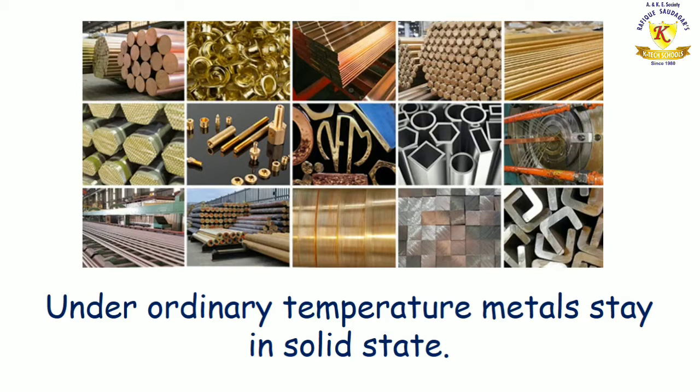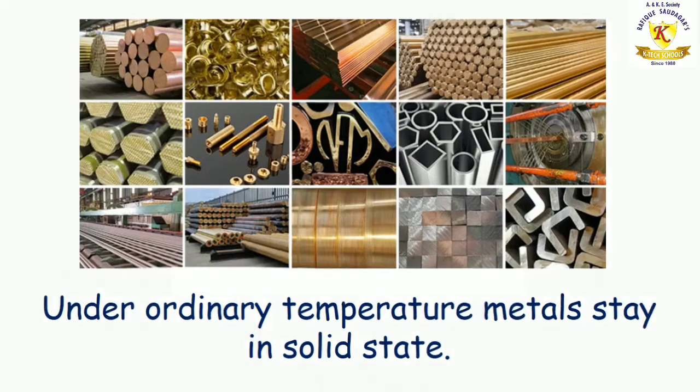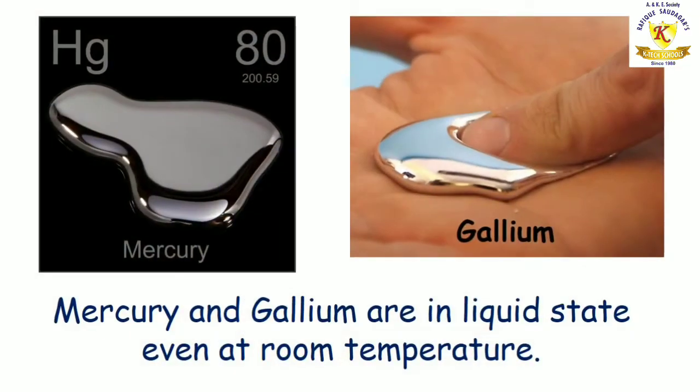As you can see in this picture, the metals are in solid state. But there are some exceptions also. Mercury and gallium are in liquid state even at room temperature.